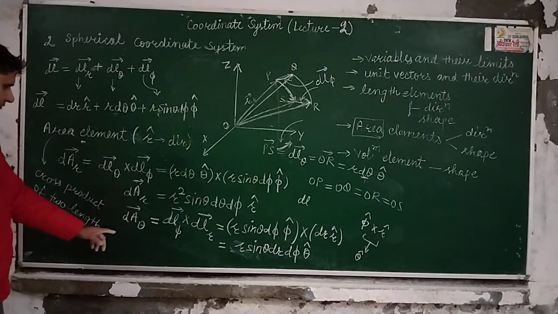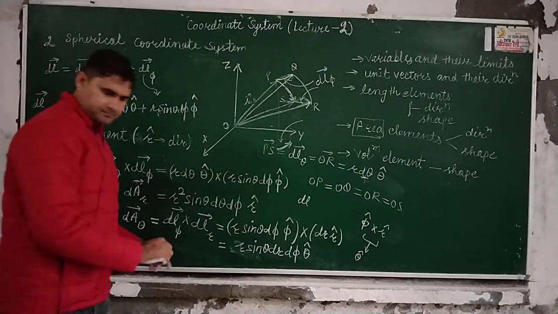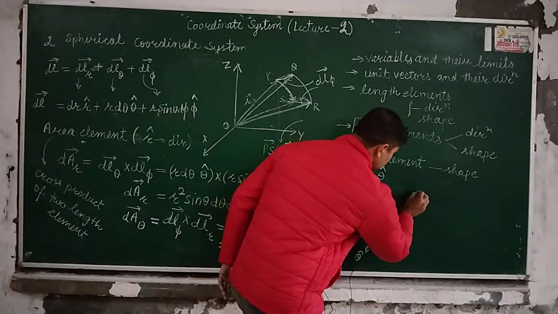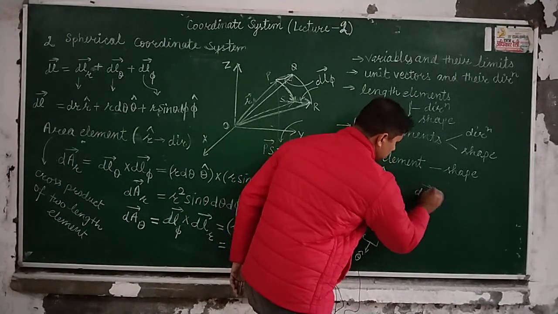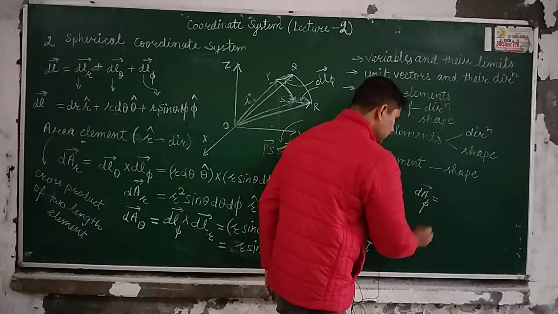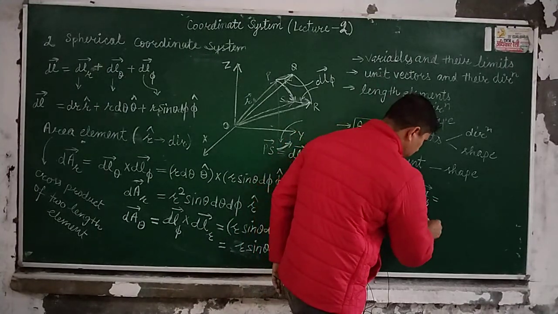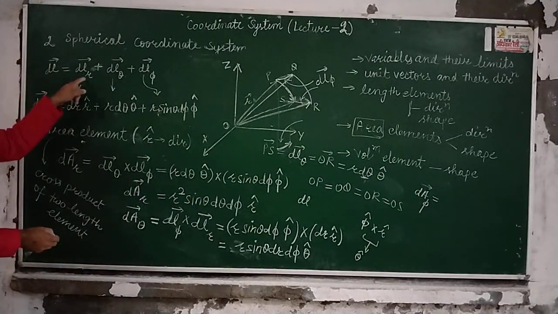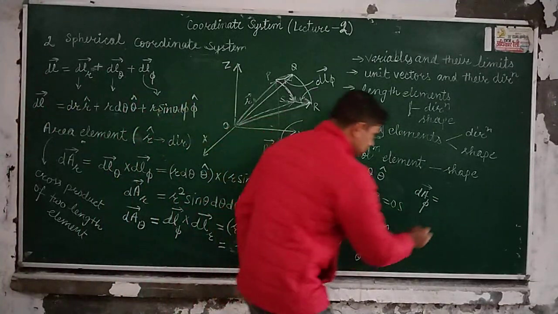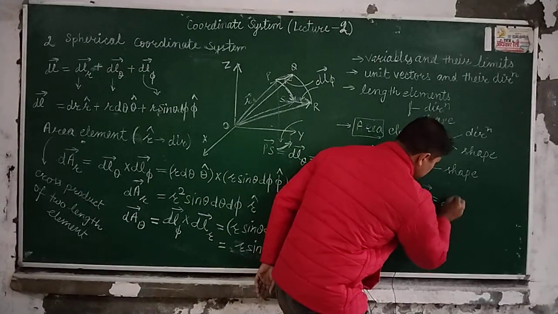Okay, in the same way, if you find the area element along the phi cap direction, then it will be the cross product of dl r and dl theta.